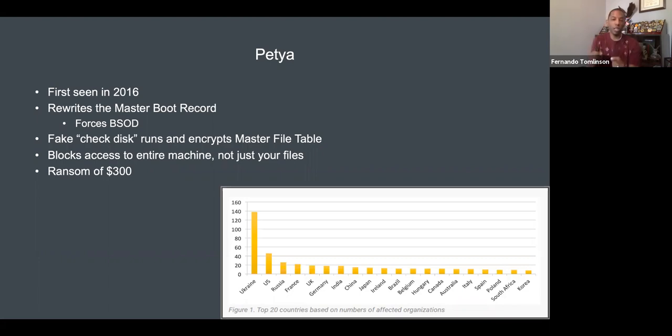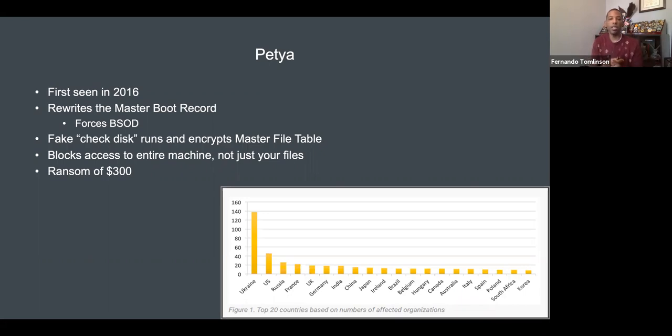As it was doing the encrypting after the reboot, it had a fake check disk running, making the user feel like it was doing some form of repair to the machine because something happened, but instead it was actually encrypting the master file table. So this blocked access to the whole entire machine, not just specific files on the disk as previous ransomware had done. The ransom in this case was roughly about $300, and it certainly varied.